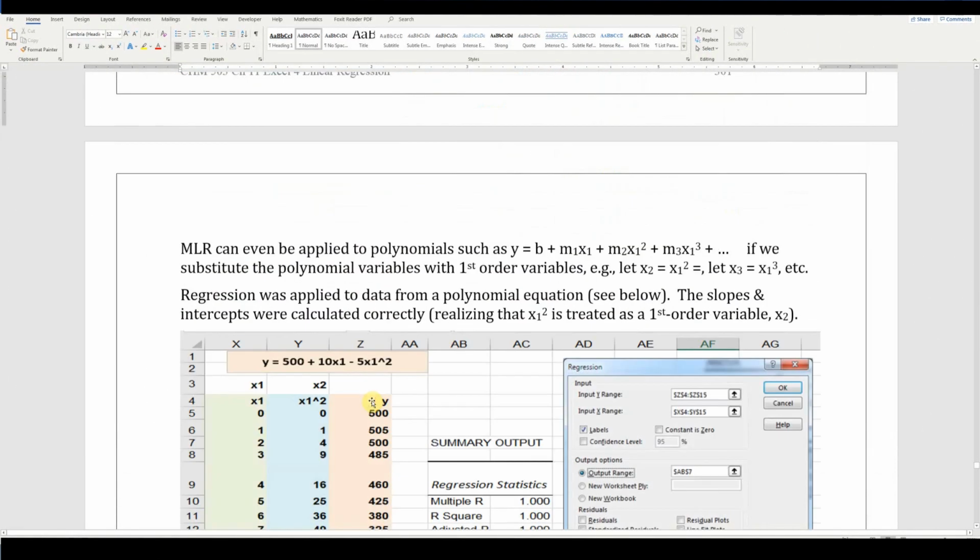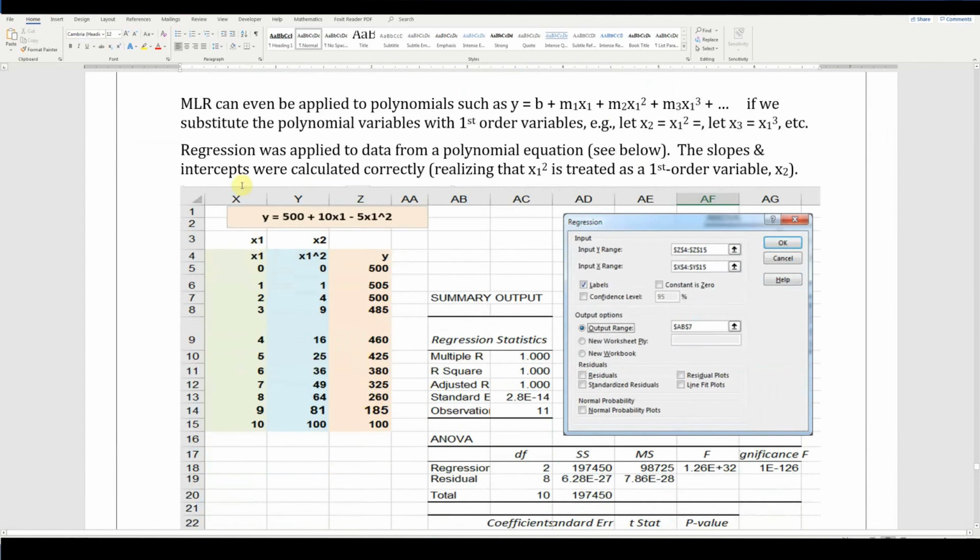Take a look at page 302. Multiple linear regression can be applied to polynomials, such as y is equal to b plus m1x1 plus m2x1 squared plus m3x1 cubed, and so on, m4 times x1 to the fourth power, and so on.